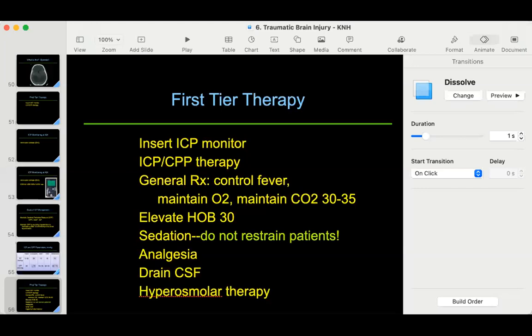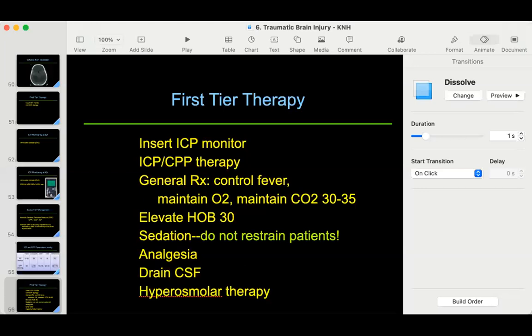The reality is that we lack the ability to do ICP monitoring, and I pray that we get monitors for patients with that ability.